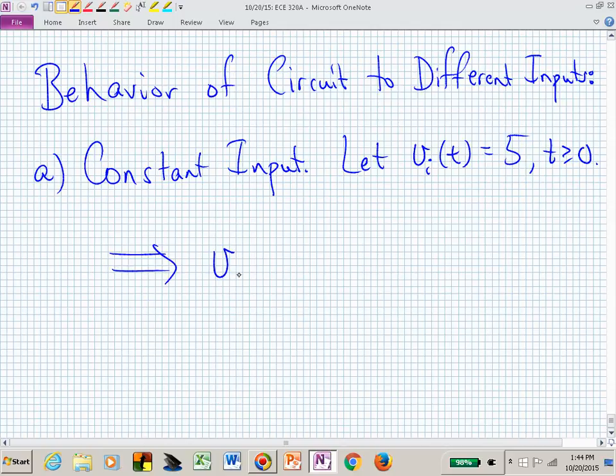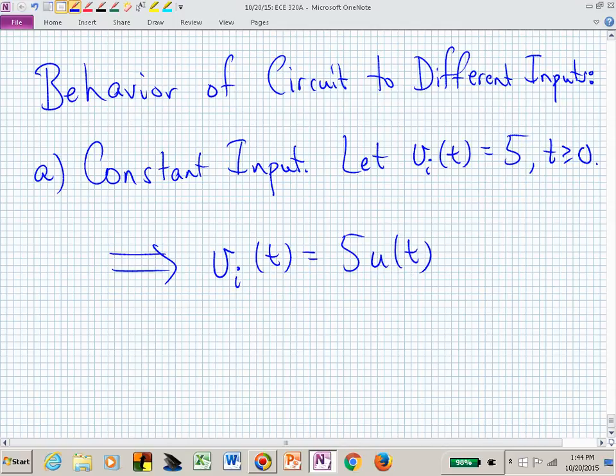What's another way of writing little v sub I of t in terms of standard waveforms? Hint, hint. 5u of t.